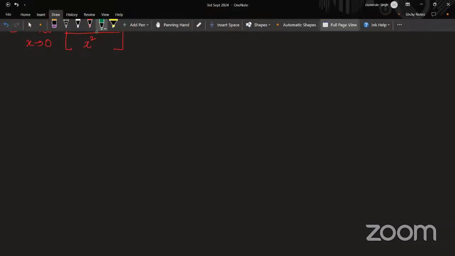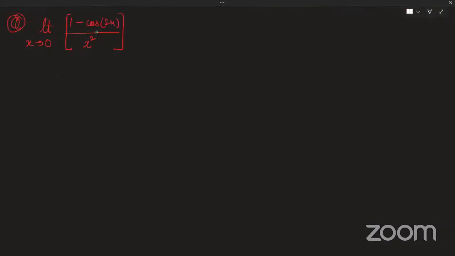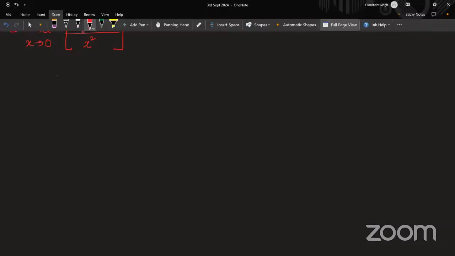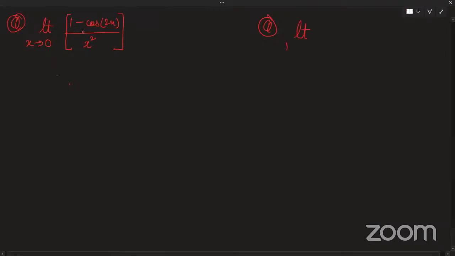Or, first let us do an even easier question: limit x tending to 0, 3 sine square x by x square. How would you do this? The right side question first.